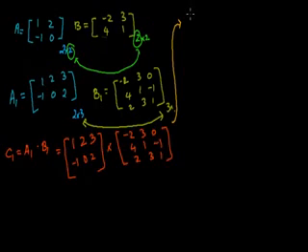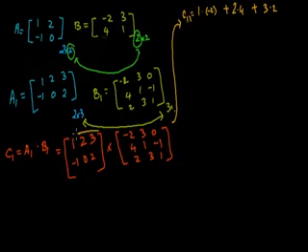Okay. Now C1 is equal to first row multiplied by first column. Correct? Let me do C11. C11 is equal to 1 times minus 2, plus 2 times 4, plus 3 times 2.